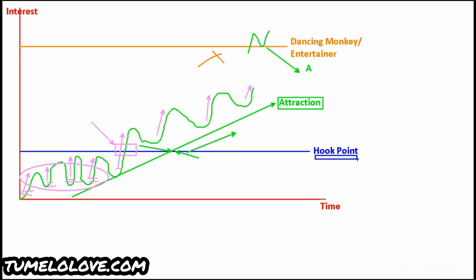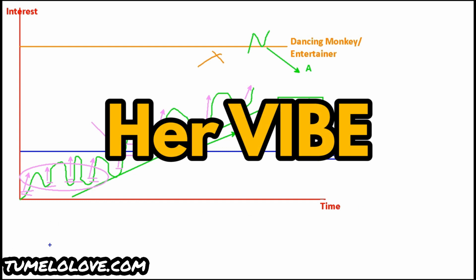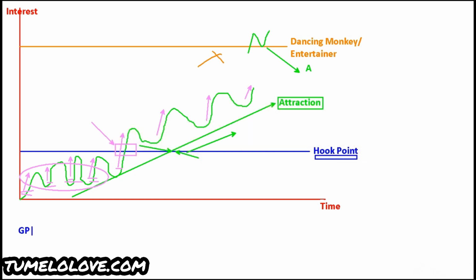There's a lot of reasons for that, but one of the most important reasons why the hook point is where it is in the girl's interest levels is based on the vibe that she is in. And this is very important, and this is why we talk about GPS in surgical method.